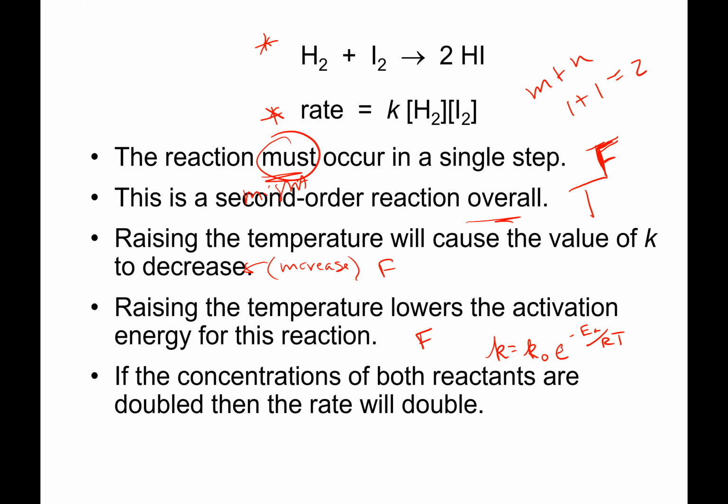Back to you, Daniel. I feel like I'm picking on you guys. If the concentrations of both reactants are doubled, then the rate will double. True or false? So we're going to say they're first order. It's like we're on a game show, right? So you think it's true or false?